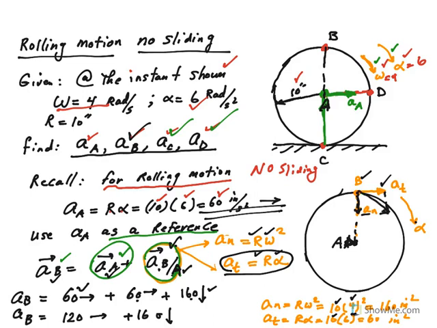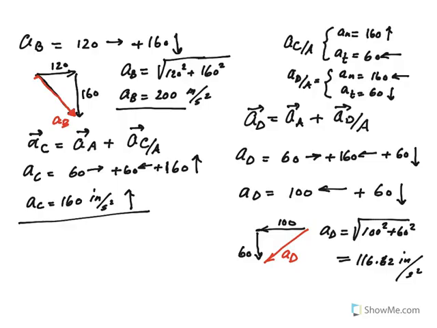Not a good idea, because you have to have them broken into horizontal and vertical components anyway. So I said 60 plus 60 is 120, and then 160 here, so a component of 120 horizontal and 160 vertically down. When you add those two vectorially, you get 200.